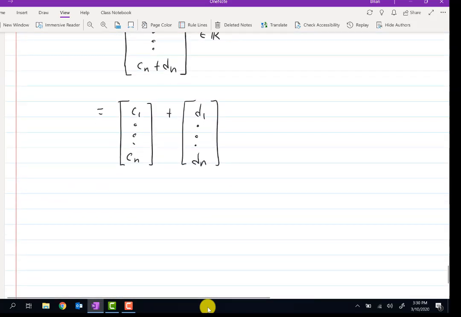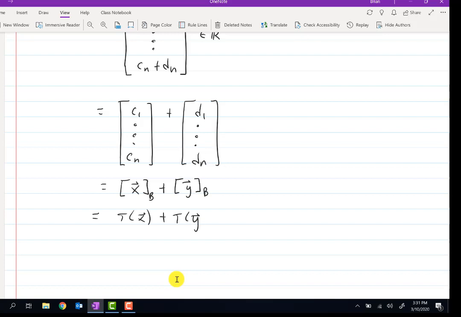But the first vector, c1 through cn, is nothing more than x represented in the B basis, and the other one is y represented in the B basis, and that is T of x plus T of y. So the addition part of it is done.